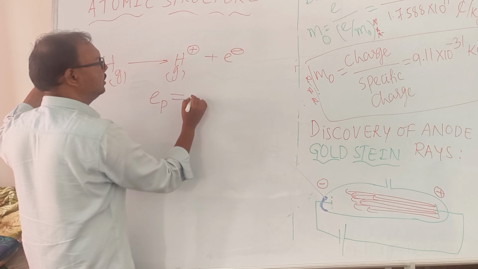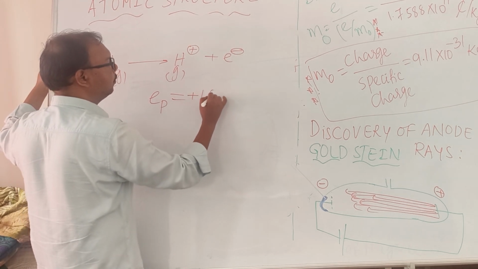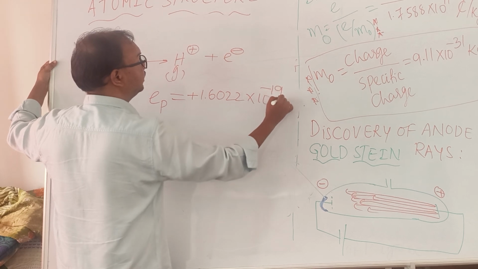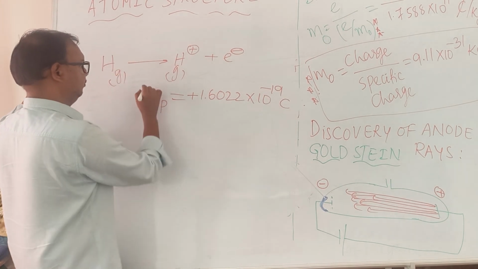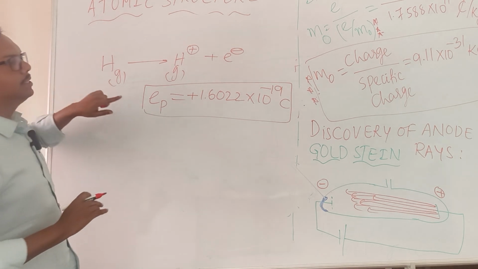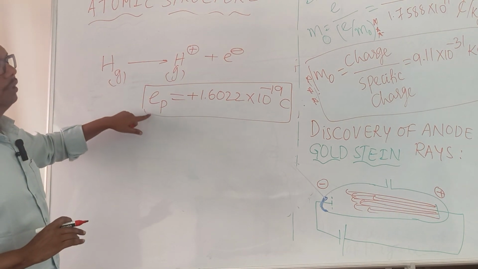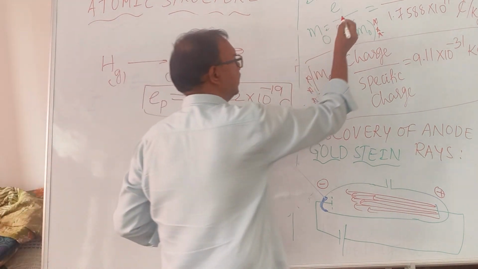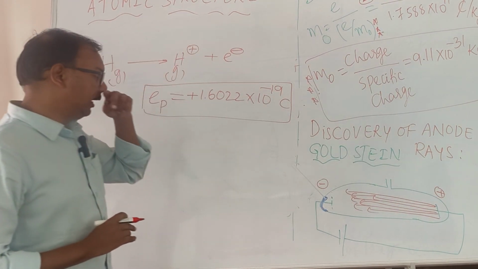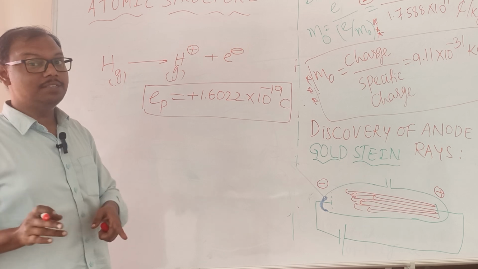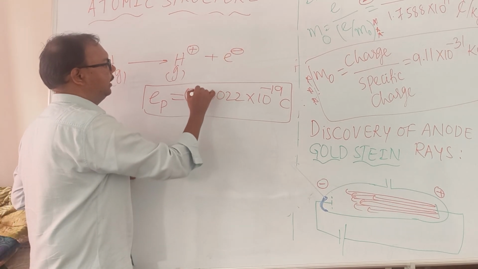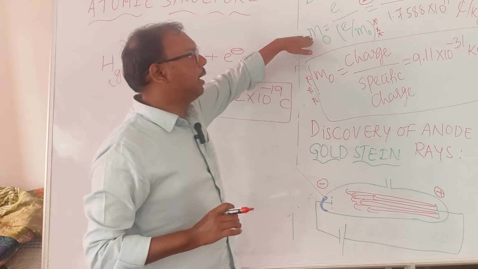The charge of the proton is equal to plus 1.6022 into 10 power minus 19 coulombs. Only the sign will change, the magnitude remains the same. For the electron it is a minus sign, which indicates a negatively charged particle. The magnitude remains the same; we are considering magnitude here.